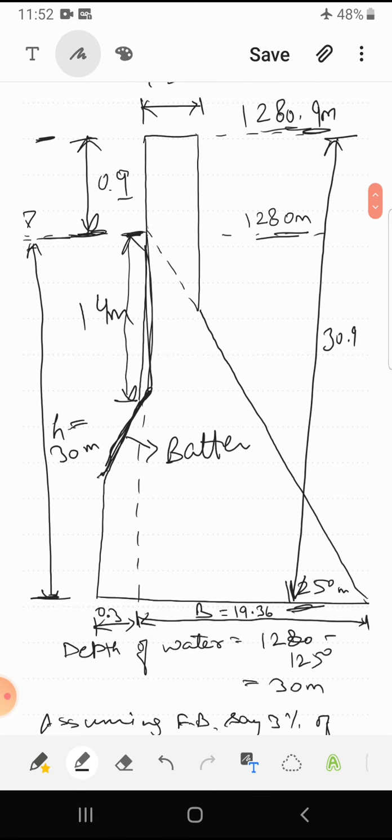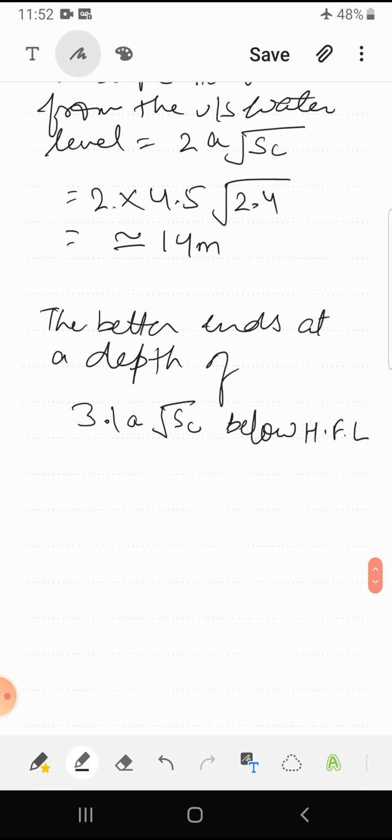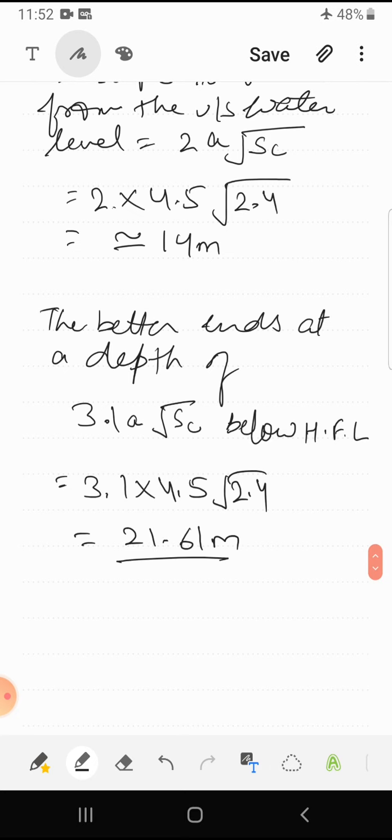We have to calculate where the batter ends on the upstream face. So this will be equal to 3.1 a under root SC, 3.1 into a 4.5 under root 2.4. It will be equal to 21.61 meters.